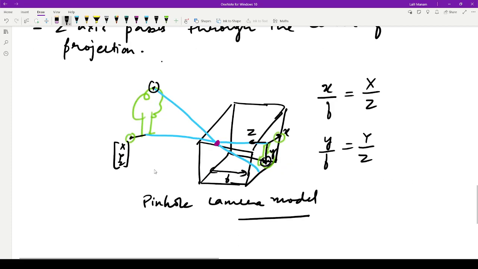One important thing we have here is the size: how big the size of the hole should be. What is the size of the hole called?